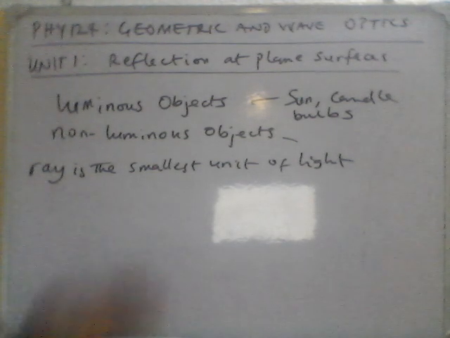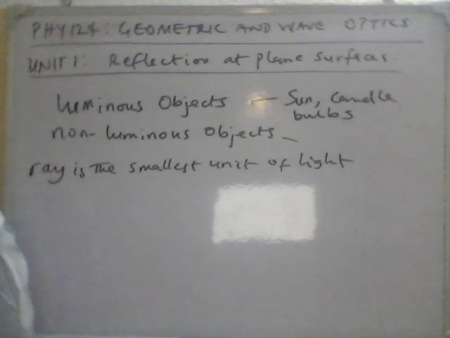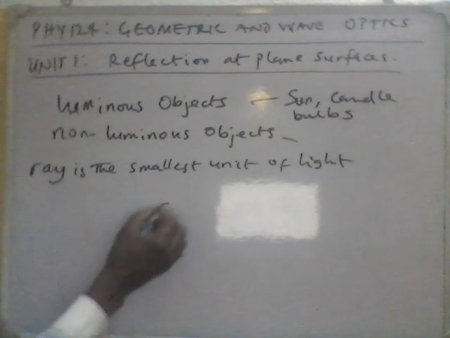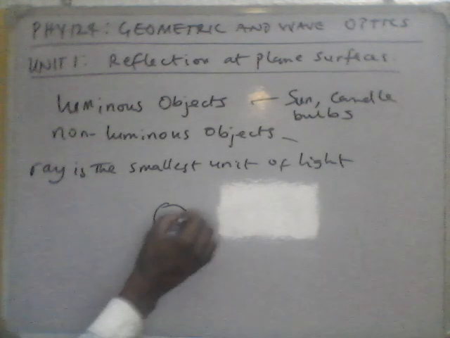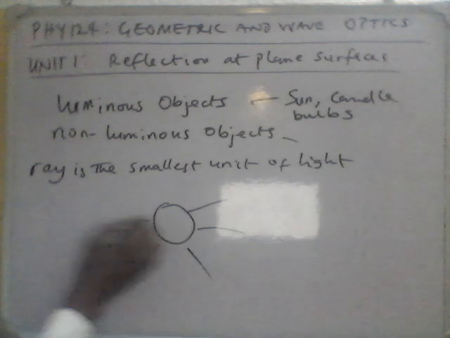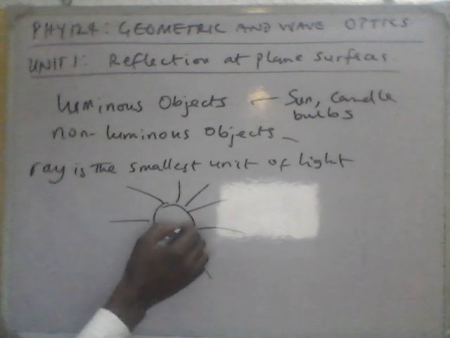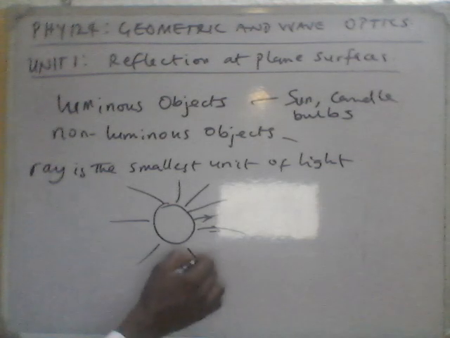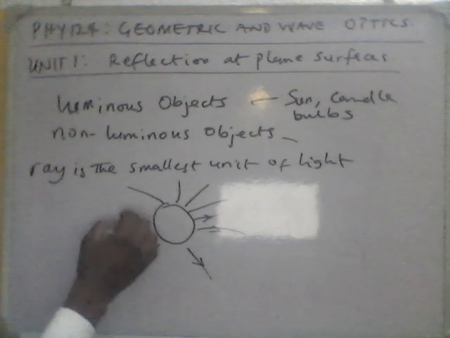But the ray is the smallest unit of light. It's proven that every object emits light, so an object emits light out of it.